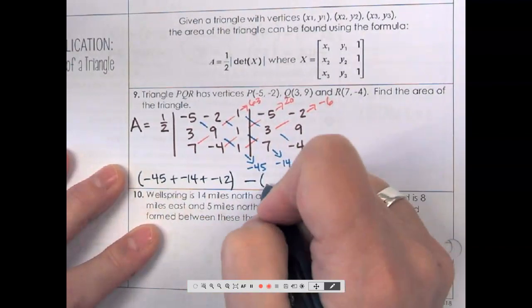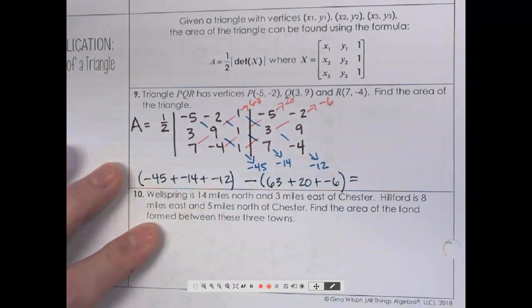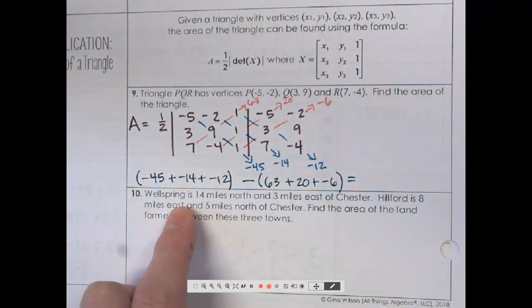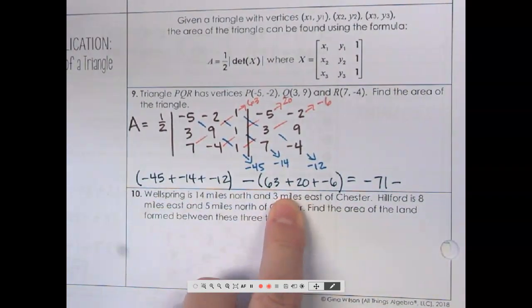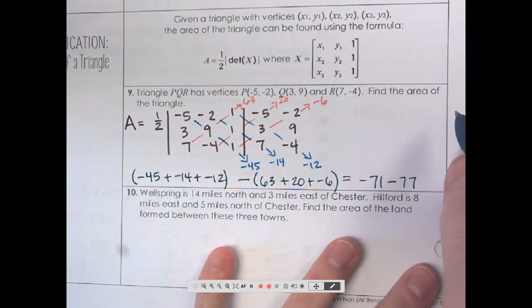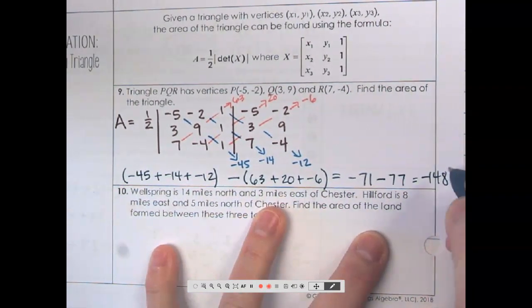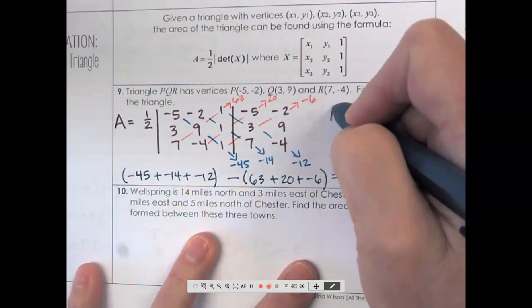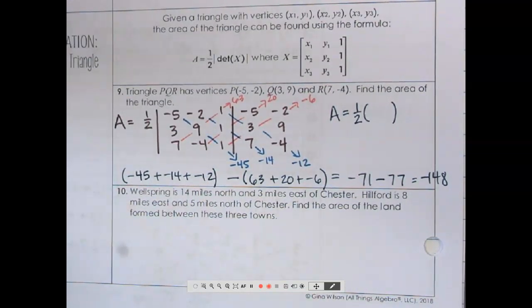And subtract the sum of those in the other direction. Getting negative 148.